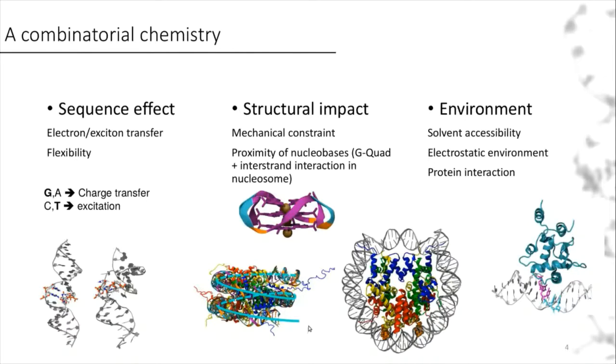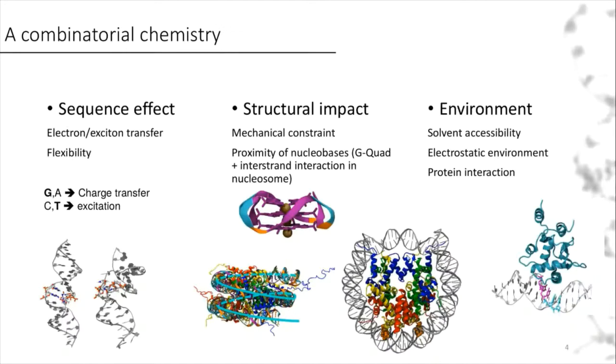in B-DNA. You can also have the mechanical constraint due to the nucleosome, for example, or the interaction between the different strands in nucleosomes, not only along the sequence, but also between the two wrapped parts of the DNA. And you also have the problem of the environment and solvent accessibility, which can be more or less the same, but we have a minor groove in B-DNA.